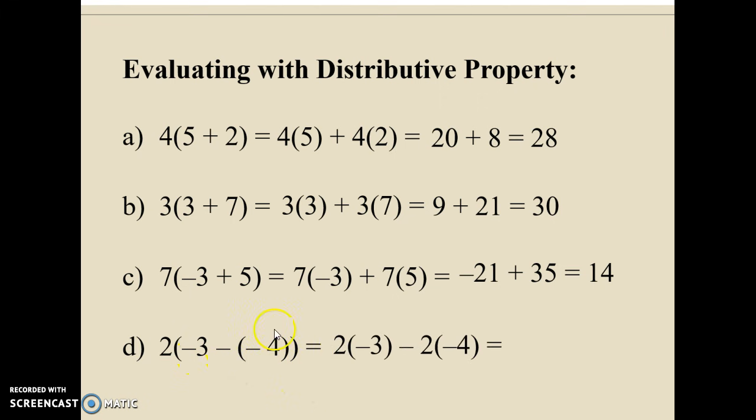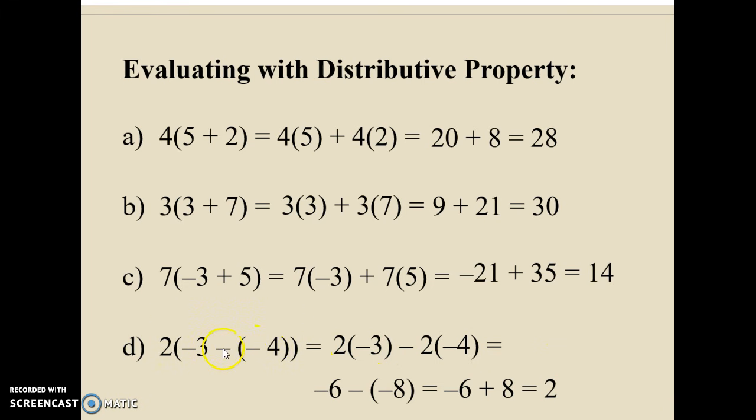Then we carry the minus sign. And then we multiply 2 times negative 4. Now when we simplify this, 2 times negative 3 gives us negative 6, and then minus 2 times negative 4 gives us negative 8. Negative 6 minus negative 8 is the same as negative 6 plus 8. And we have 2 as a final answer.